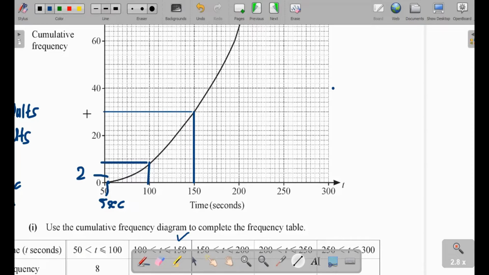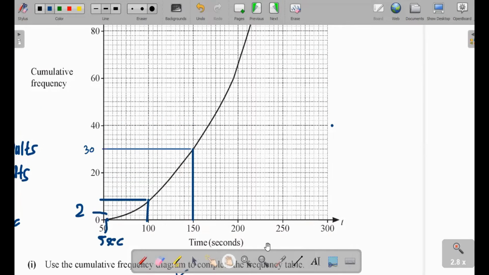Now we draw a second line from the curve towards the cumulative frequency axis, where it meets this position. Similarly we can find this value of the cumulative frequency. We see that it is between 40 and 20. It means this is 30. And similarly we draw a line from 200 seconds towards the curve.